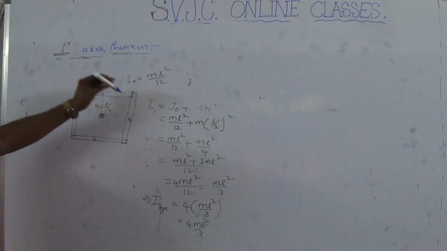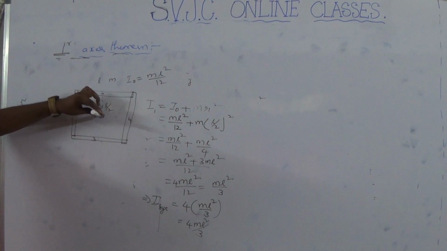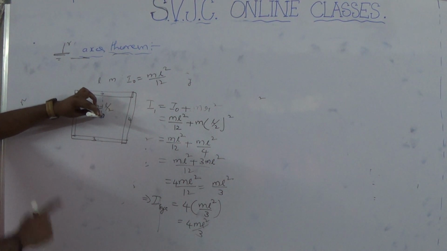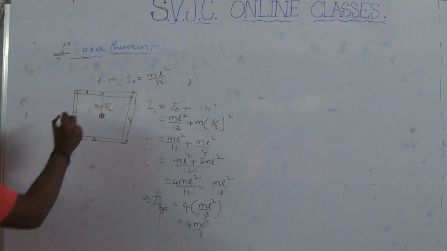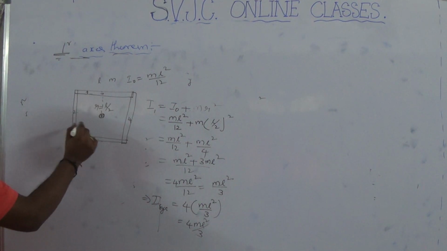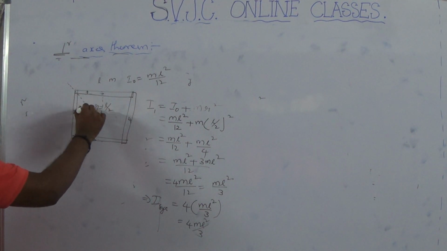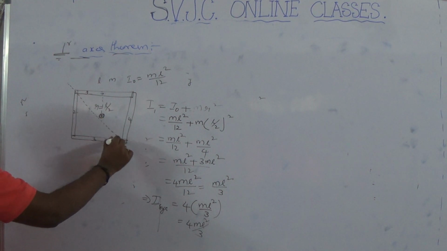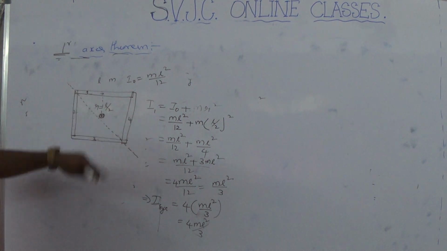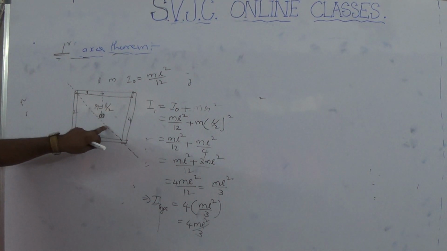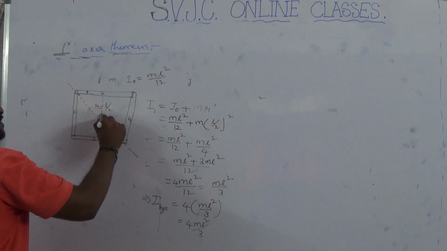That is the moment of inertia of these four rods about this axis. For example, what is the moment of inertia of this system with respect to an axis passing through its diagonal? Like this.